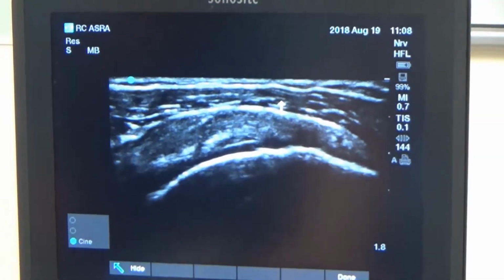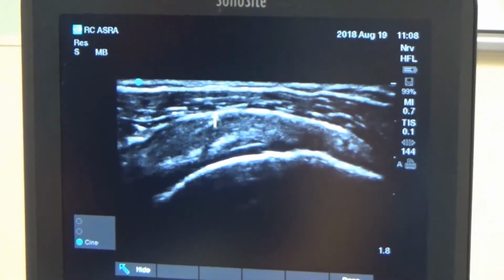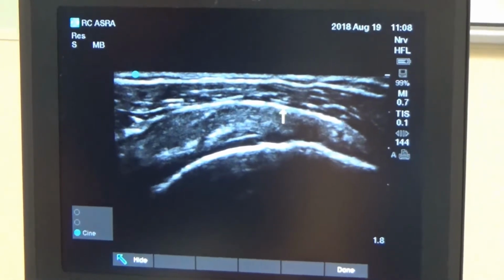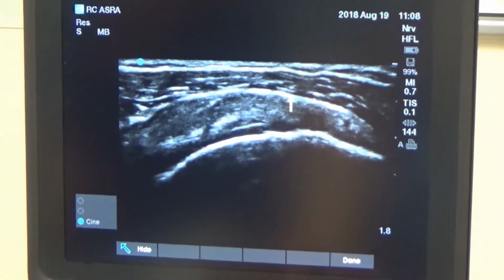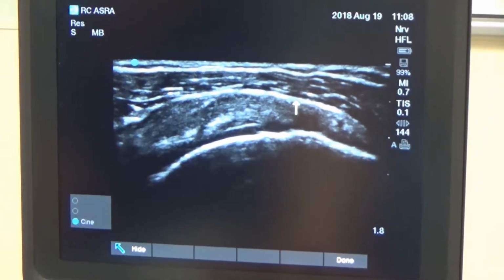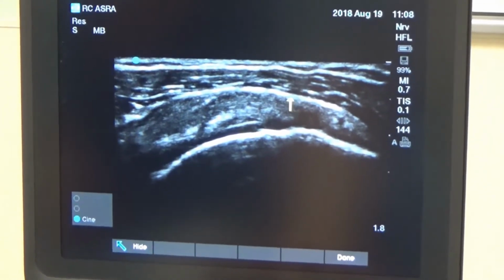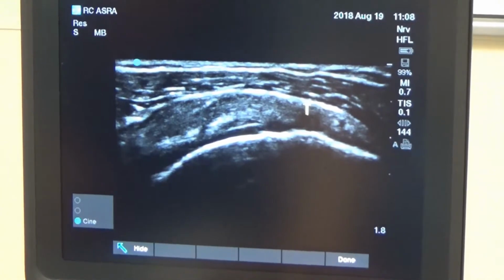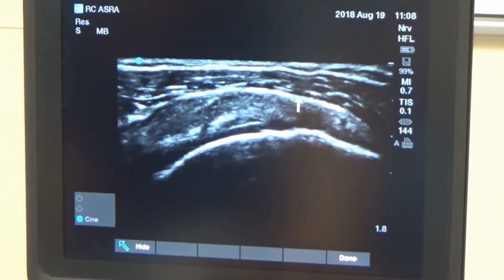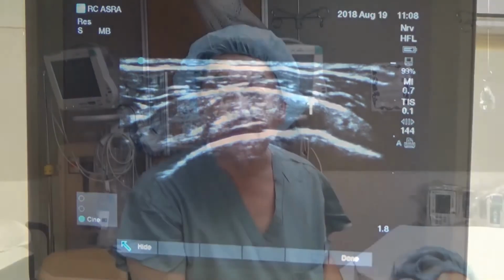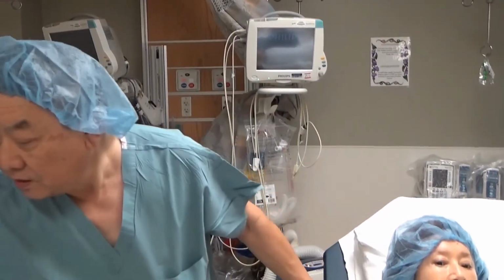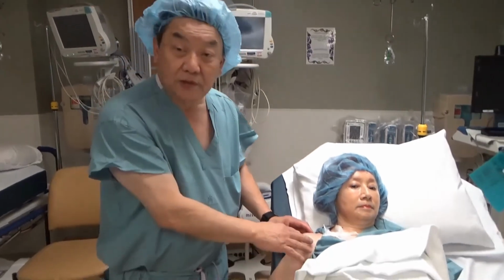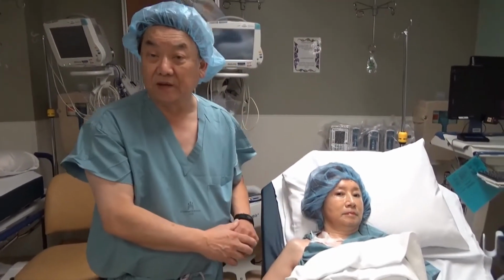Using the pointer, I just want to emphasize the bursa is where this white line is, and so we just go into this bursa, and then we inject our mixture of local anesthetic and corticosteroids. I normally use methylprednisolone. Once we finish the procedure, we wipe off the shoulder and we place a band-aid on.